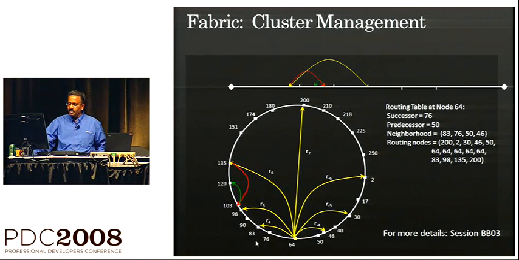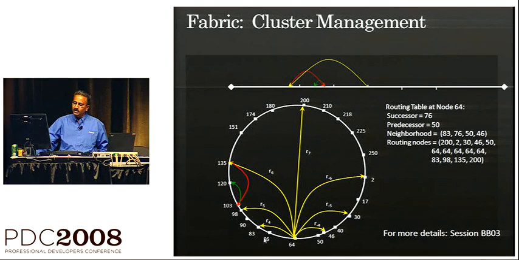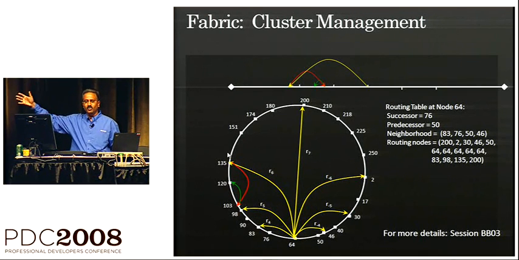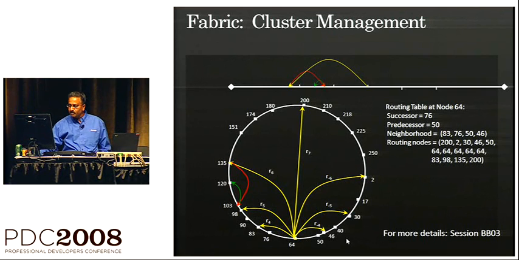Think of it as going to exponential distances so that you reach everybody in the ring. So in this case, the bigger neighborhood includes all the long arcs. What that means is, in order for you to route a request, let's say I need to send a request from 64 to 120.